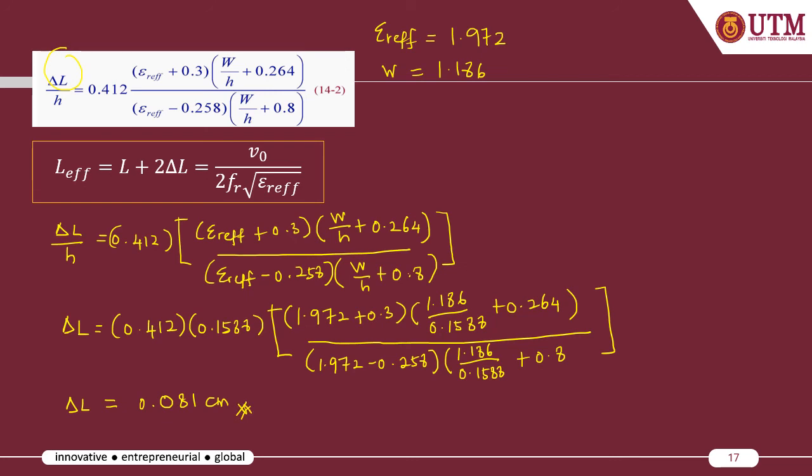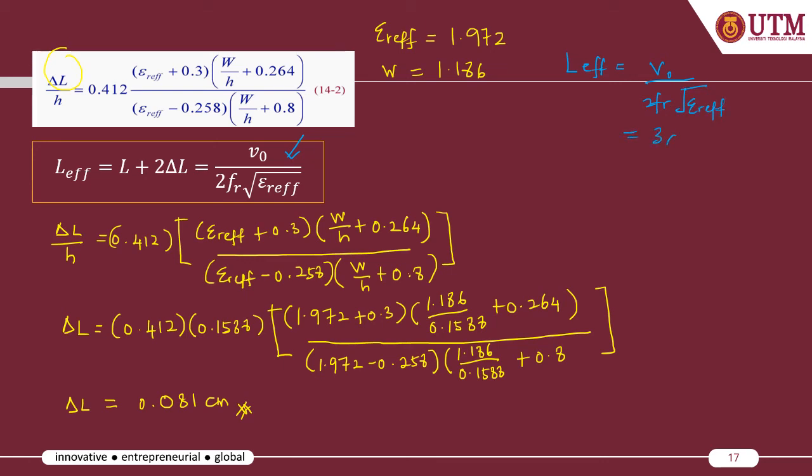Okay, so once you have the delta L, you can determine L effective by using this equation: L effective equals L plus 2 delta L. Since you don't know the L, you can calculate the L effective by using this equation: V0 divided by 2 fr times the square root of epsilon reff.